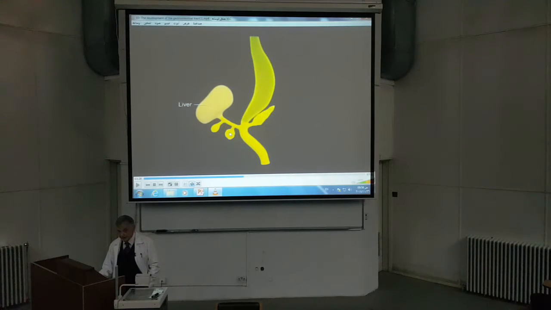The pancreas is made of two parts, the dorsal part and the ventral part. Now, with the rotation of the stomach, this part is going posteriorly to join the dorsal part.